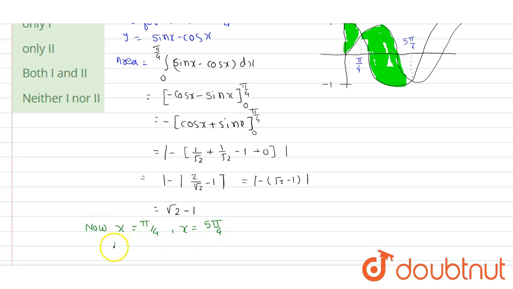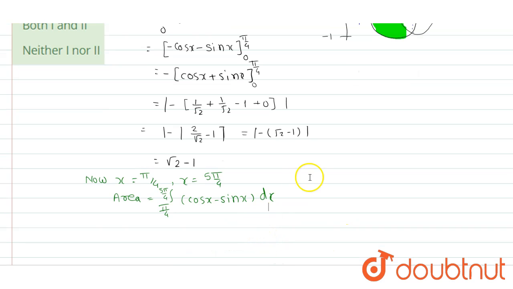The area is equal to the integration from pi by 4 to 5 pi by 4 of (cos x minus sin x) dx.